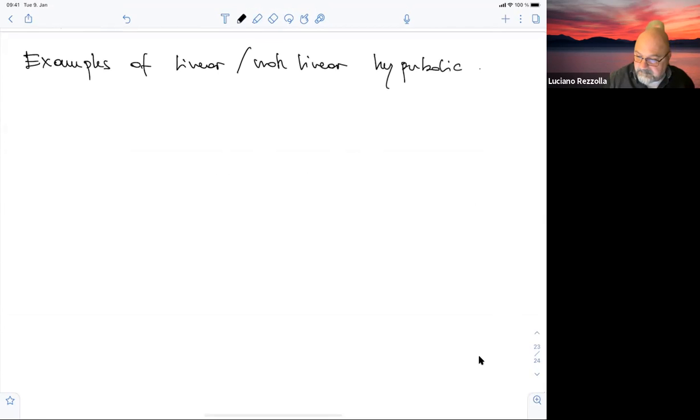So we want to have something that resembles the set of equations we've been discussing so far. The relevant example is that of the advection equation in 1+1 dimensions.